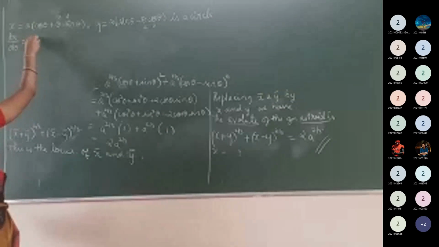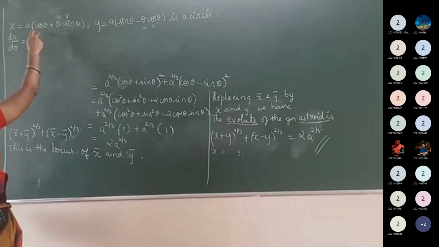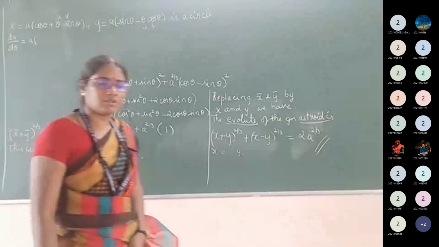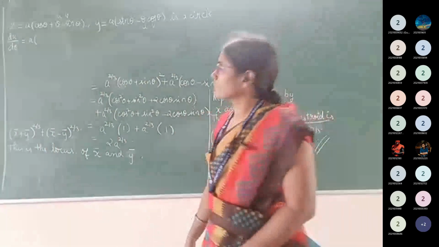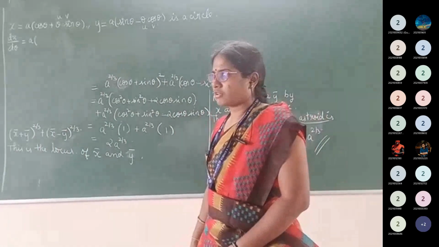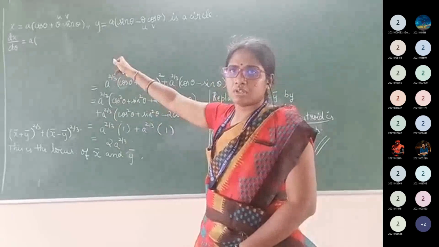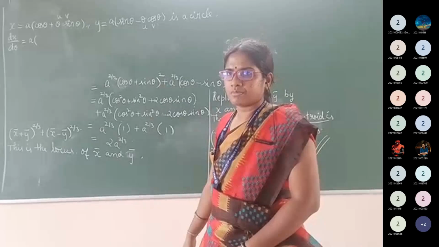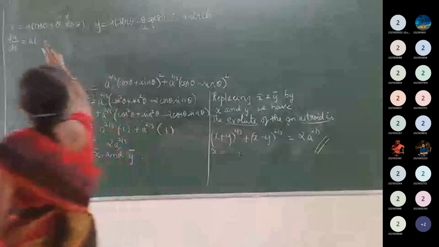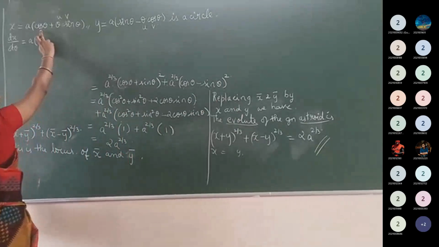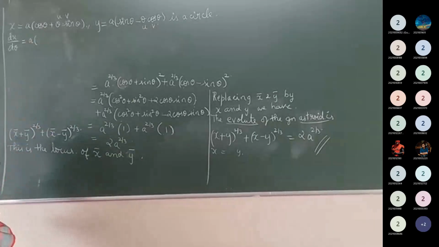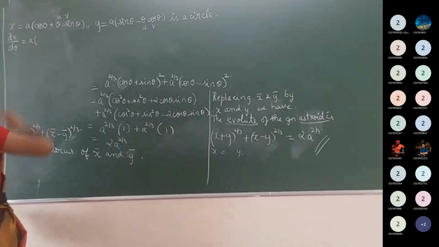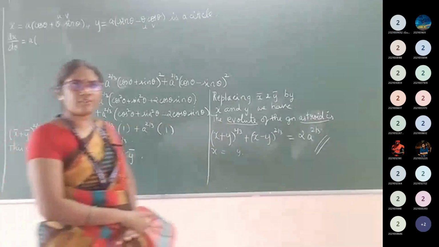So, a is outside. d by d theta of cos theta, what's the formula for differentiation of cos?